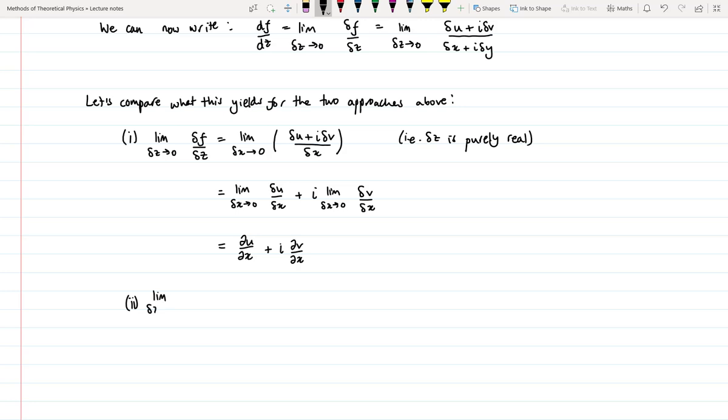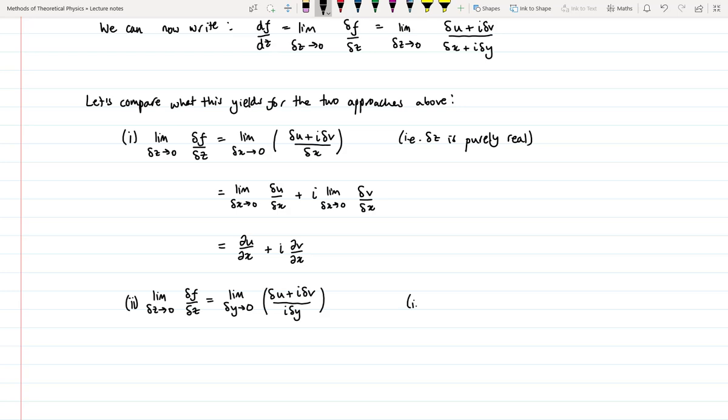The second approach that we looked at above, we now write that the limit as delta z tends to 0, again of delta f by delta z. And this time we consider the case where delta x equals 0 and now it's delta y that's approaching 0. So we now have delta u plus i delta v divided by i delta y.